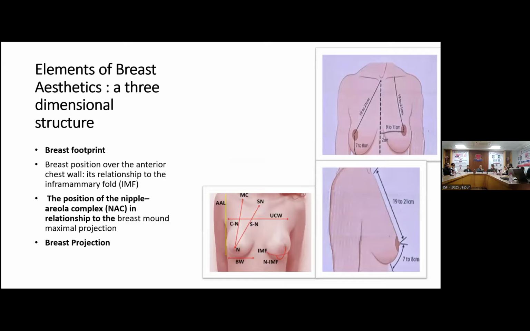We have various points from which we can measure these, like the sternal notch, the mid-clavicular line, and the anterior axillary line. Primarily the breast footprint is bounded by the sternum medially, the anterior axillary line laterally, and the inferior mammary fold, the IMF, inferiorly, and superiorly it differs from patient to patient.